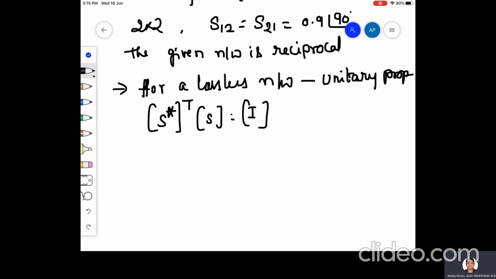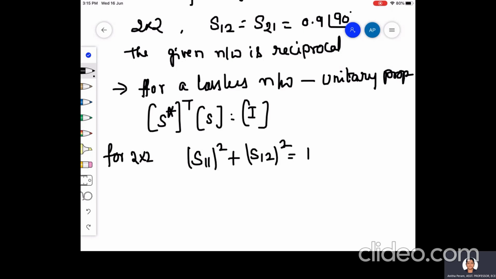Or you can cross verify this for a 2 cross 2 matrix, row wise or column wise: S11 square plus S12 square must be equal to 1. If any one condition fails, then you conclude that the network is lossy. If all the conditions are satisfied, then the network is lossless.